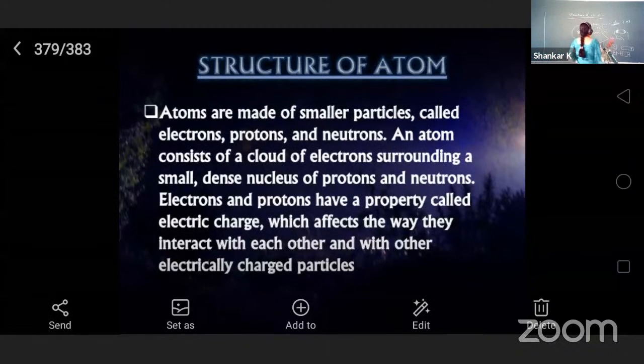Here, if both bodies are charged, they will not attract. If one body is charged and another is uncharged, they attract each other. They interact with other electrically charged particles.